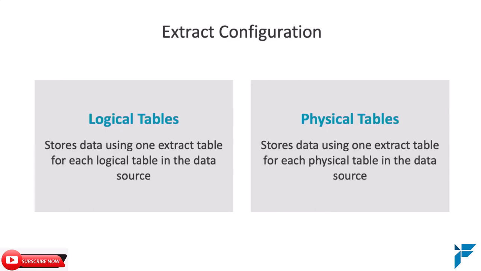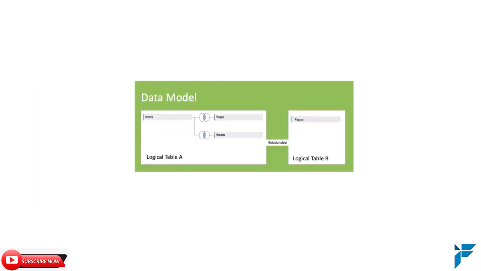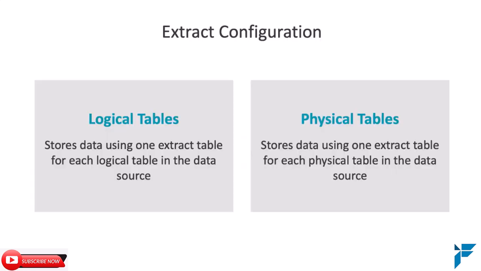Logical table stores data using one extract table for each logical table in your data source. So what this means is that if a data source was made of two logical tables, each containing multiple physical tables, then the extract data would be stored in two tables, one for each logical table in your data model.